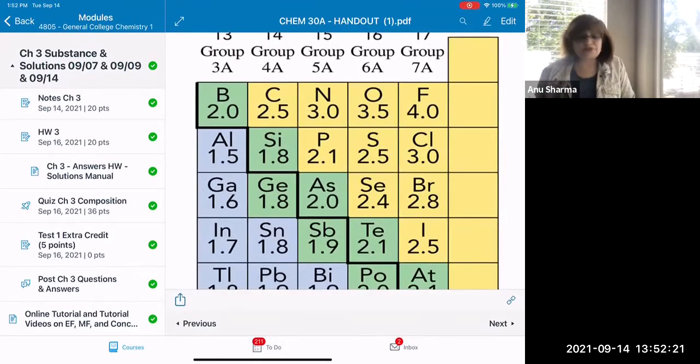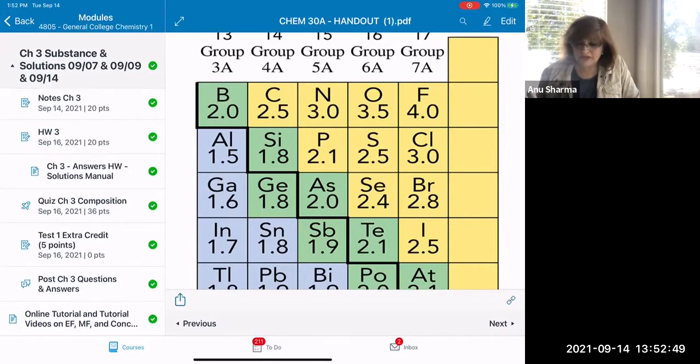It goes from 0 to 4, with 4 being the highest and 0 being the lowest. The highest is fluorine, and if you look from the top down, it's decreasing. Fluorine is 4.0, chlorine is 3.0, bromine is 2.8, and iodine is 2.5. That's the electronegativity decreasing as you go down the column in the periodic table. Now let's look from left to right.